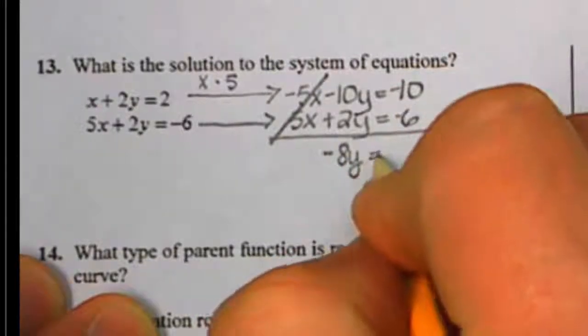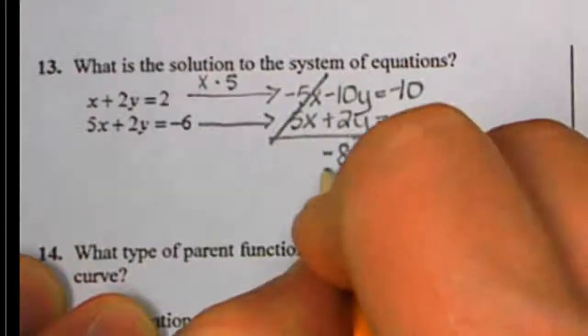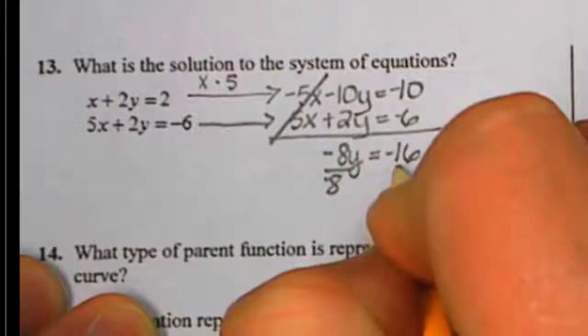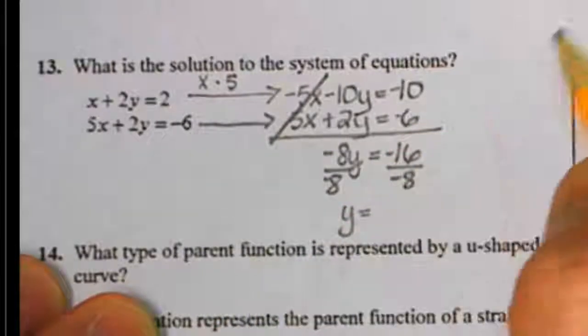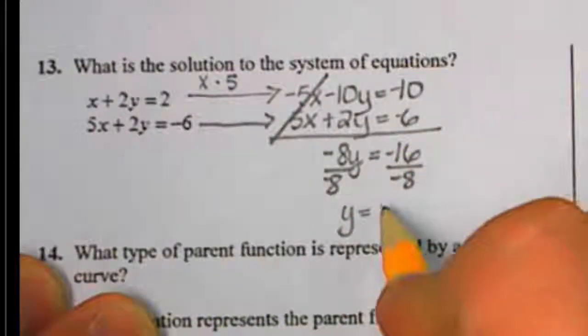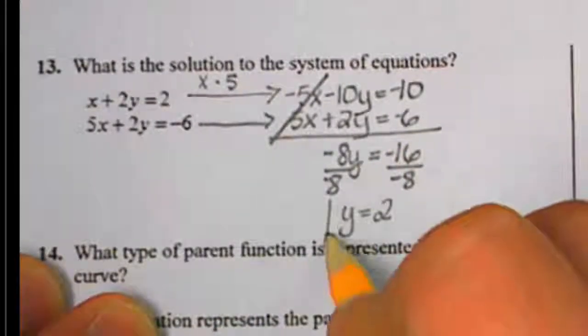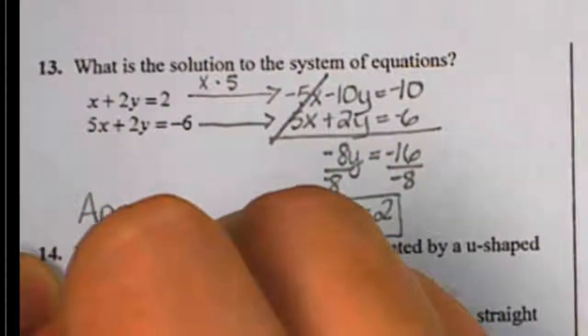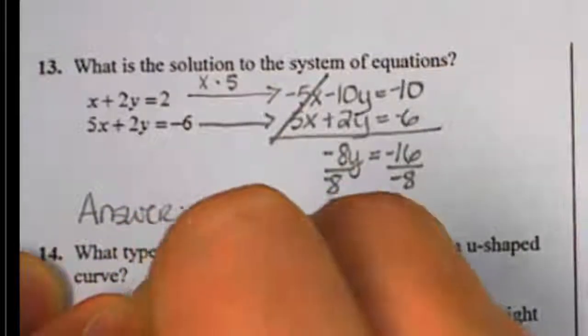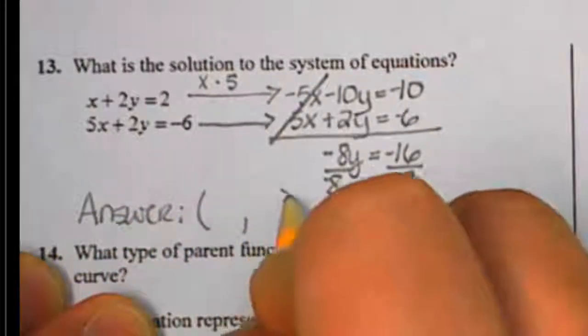And on this side, I'm going to have negative 16. Now I'm going to divide both sides by negative 8. Y equals negative 16 divided by negative 8 is positive 2. So that means my answer will have a positive 2 for the y coordinate.